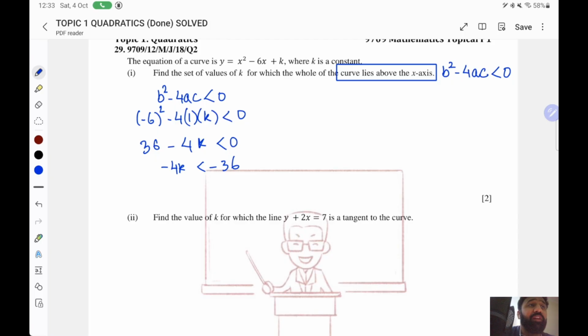Do you see we have a negative sign over here? So I have to divide the left hand side by negative 4, and the right hand side by negative 4 as well. If you divide both sides by a negative number, the inequality sign flips itself. So the set of values for k will be greater than 9.